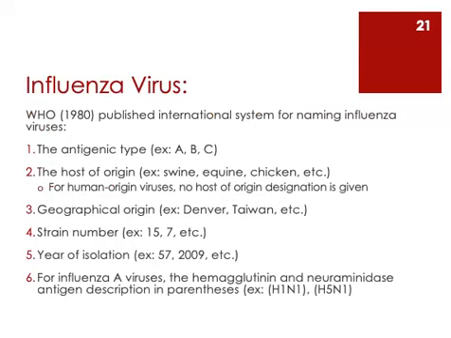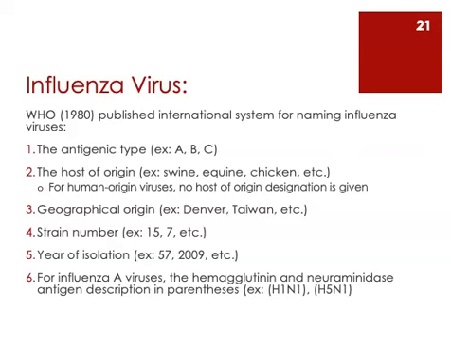Back in 1980, because there were so many influenza viruses and we needed a universal way to give each virus a name, the WHO, the World Health Organization, came up with a naming system, and it is complex.